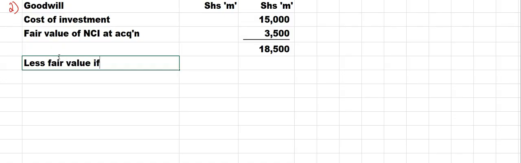Then you have to less the fair value of identifiable net assets of the subsidiary at the date of acquisition. And these are represented by what? By share capital. The share capital of the subsidiary is 5 billions.